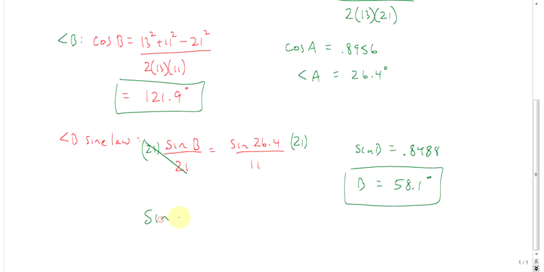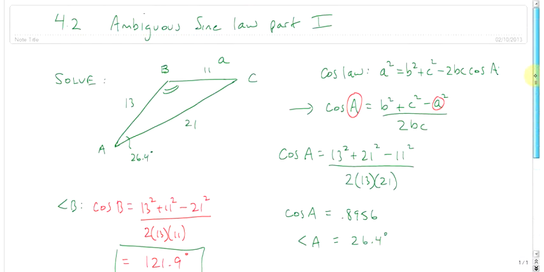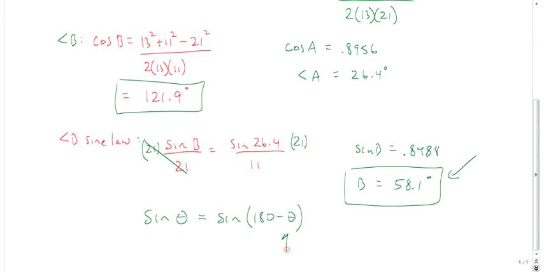Remember, the sine of some angle is the same as the sine of 180 minus that angle. Your calculator doesn't know this angle is obtuse. It thinks it's acute, so that's the number it's going to give. If you're sure that's an obtuse angle, you have to find the other angle.